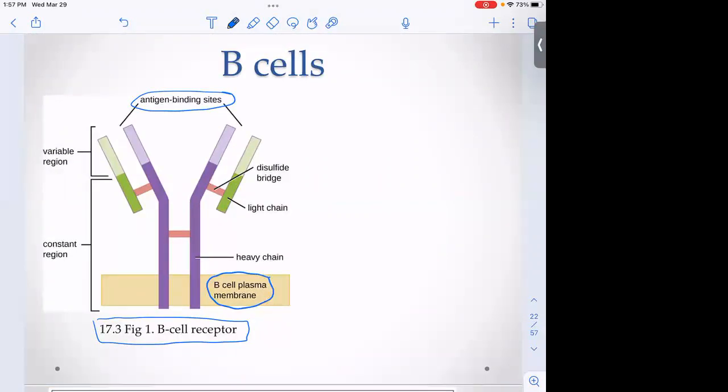There's one drawn here, but there's actually somewhere in the order of 100,000 B cell receptors on every B cell. So that's a crowded place on the outside of a B cell, lots of B cell receptors. And all of those on that one B cell have the same specificity.